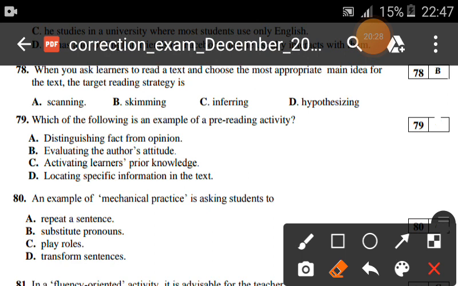79. Which of the following is an example of a pre-reading activity? A. Distinguishing fact from opinion. B. Evaluating the author's attitude. C. Activating learners' prior knowledge. D. Locating specific information in the text. The right answer is C. Activating learners' prior knowledge.